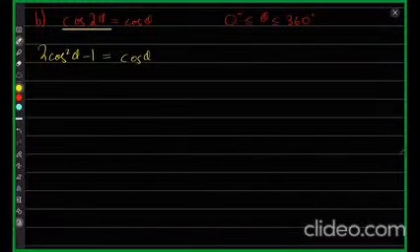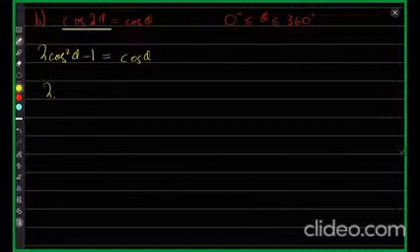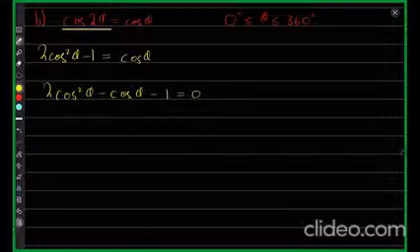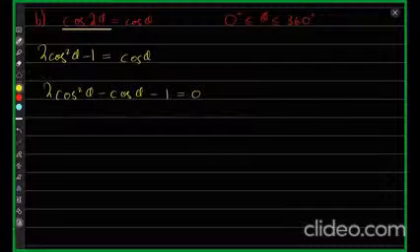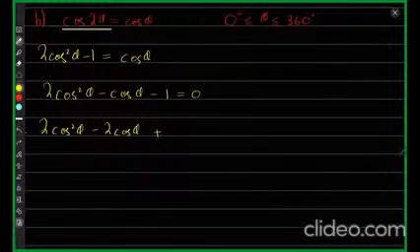So I'll just take everything on the left side. 2 cos square theta minus cos theta minus 1 is equal to 0. I need two numbers such that when I multiply them, I get minus 2, and when I add them, I get minus 1. So it's going to be minus 2 cos theta and plus 1 cos theta minus 1 equals 0.